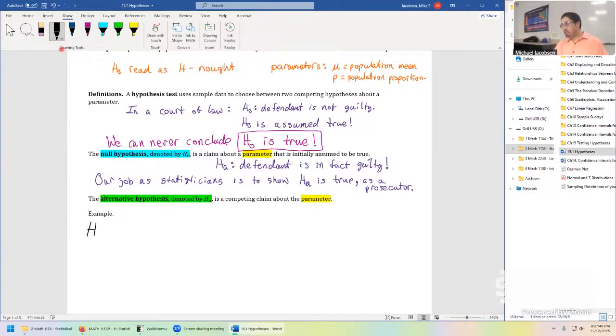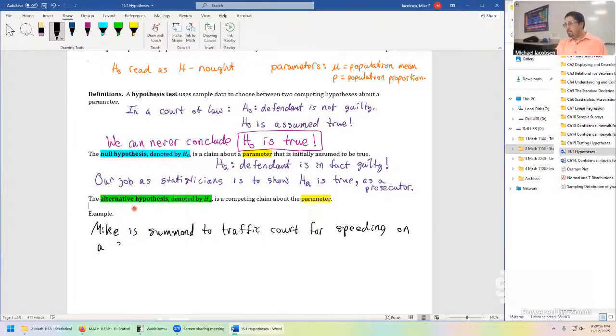And just so that no one feels called out, let's say for the scenario first, and then the null hypothesis, Mike, me, is summoned to traffic court for speeding on a 35 miles per hour limit road on the way to work.